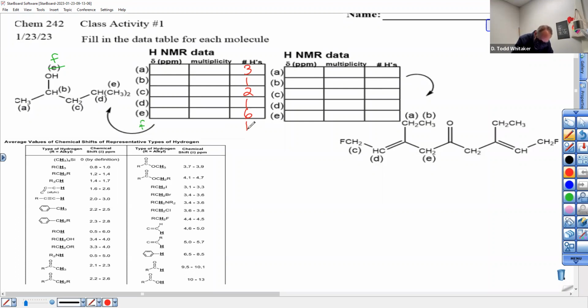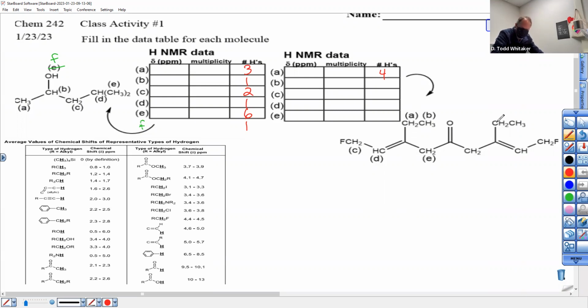don't be alarmed when I write 4 here. Take a second and try to figure out why I wrote 4 there. This is not the only CH2 attached to an alkene that has a CH2F on one side. I will point it out again. Here's a CH2 attached to an alkene attached to a CH2 with an F. I use the same word.